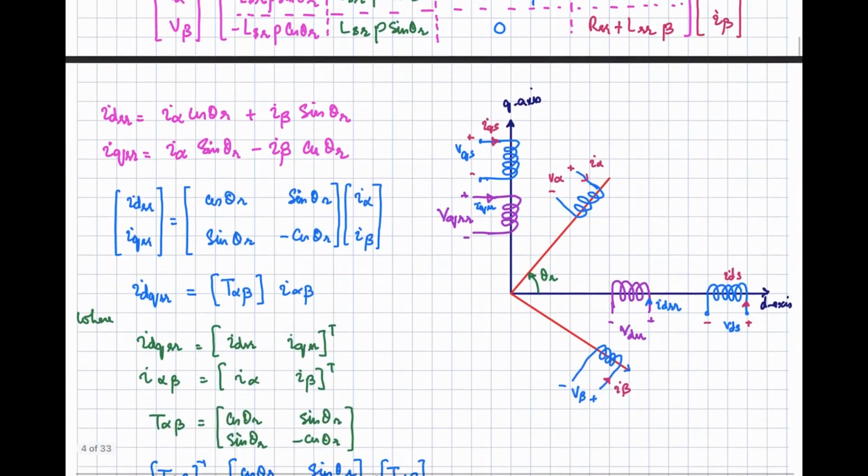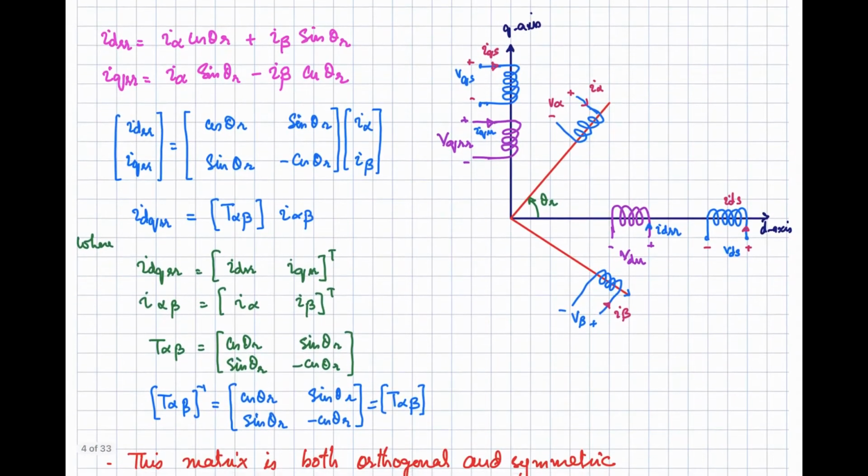Okay, now let's consider the Q axis and D axis stator, that is this one, and the alpha beta rotor. The rotor is rotating. The rotor is not fixed. Your stator has been considered as a static, fixed one over here, but the rotor is varying in this structure.